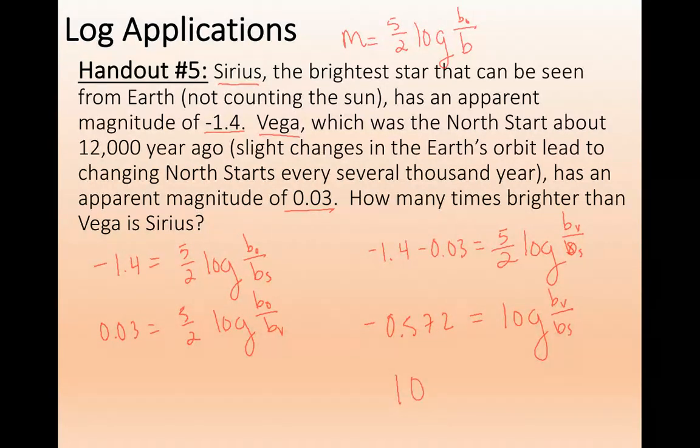So 10 to the power of negative 0.572 equals that ratio, which now I can't read my own handwriting, but 0.268, I think, is what I've written down, but now I'm not sure. 10 to the power of negative 0.572, 0.268, yep, that's what my handwriting says. 0.268 times as bright. So it's less bright, isn't it?